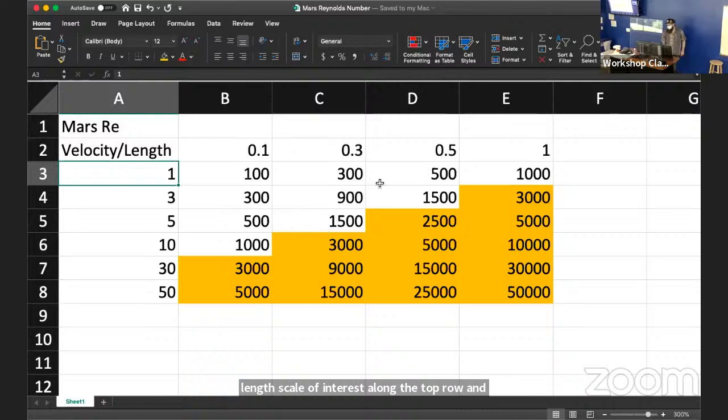And then we see the Reynolds number there among the columns and rows, and I've color coded in the entries which in principle are above the critical Reynolds number. And so what we found was if you're thinking of a length scale of 1 meter, then you're going to need velocities of at least 3 meters a second to be in this fully turbulent regime.